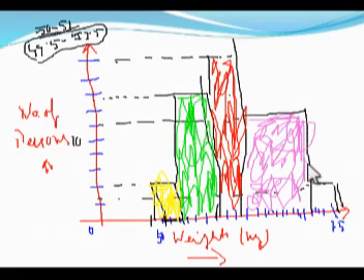So this is a typical one, just drawn to make you understand. And so this is the histogram of it.